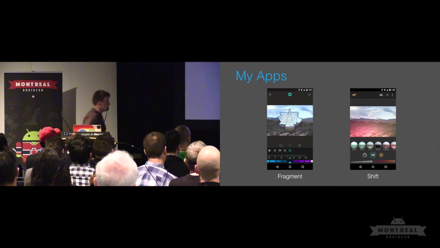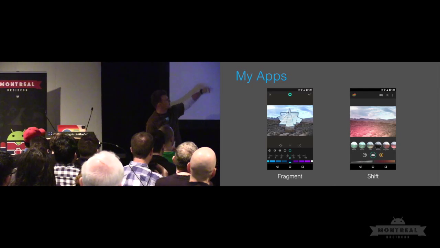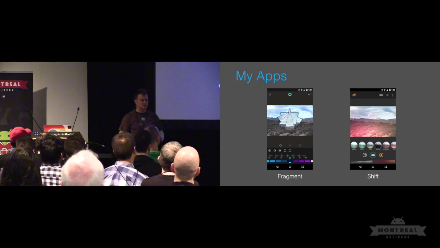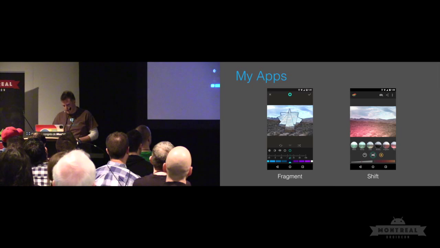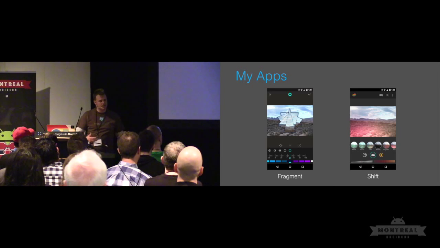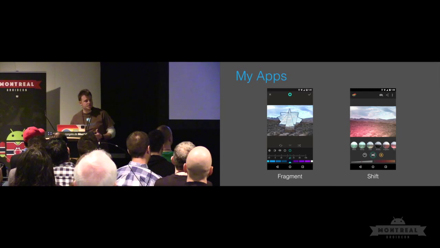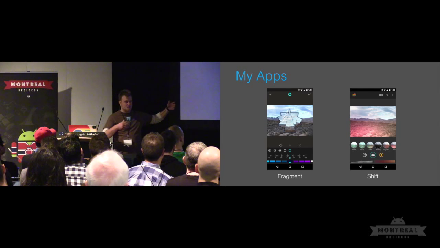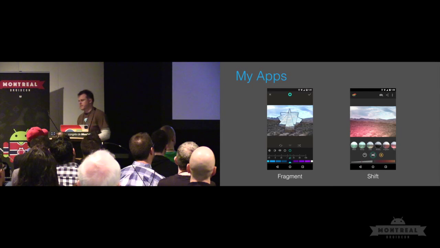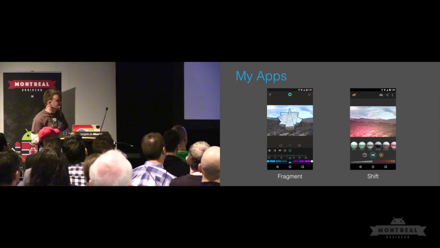With Fragment, you overlay these fragments on your photos, so it's more about creating art than adding sepia tones to your photos for Instagram. Whereas Shift is more of the sepia tones, light leaks, textures, so more of a mainstream type of thing.